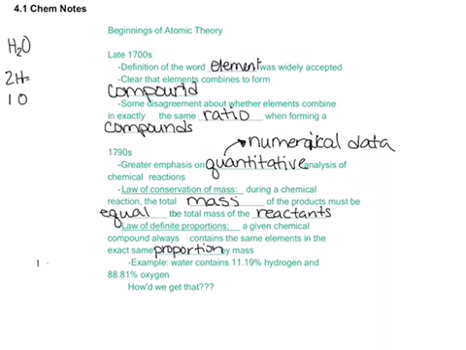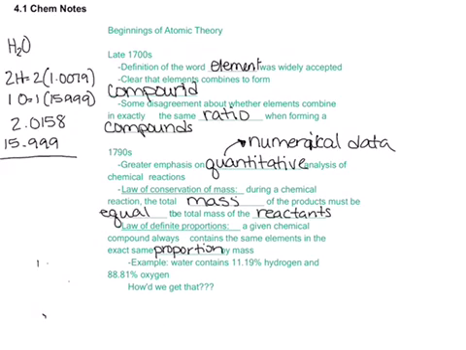And so when you look at the periodic table, the mass of hydrogen is 1.0079, and the mass of oxygen is 15.999. And when you multiply those through, you get 2.0158 AMUs, or atomic mass units, for the mass of hydrogen, and then 15.999 for the mass of oxygen, which brings the total mass of a water molecule to 18.0148.